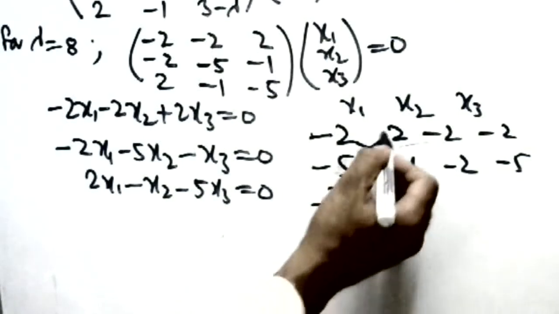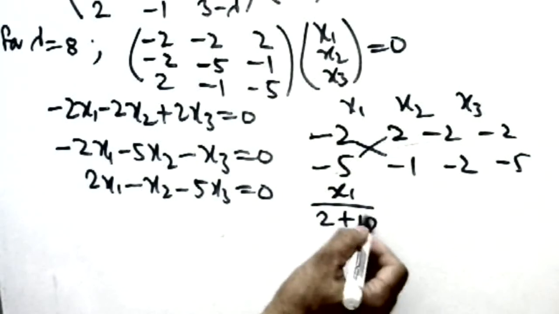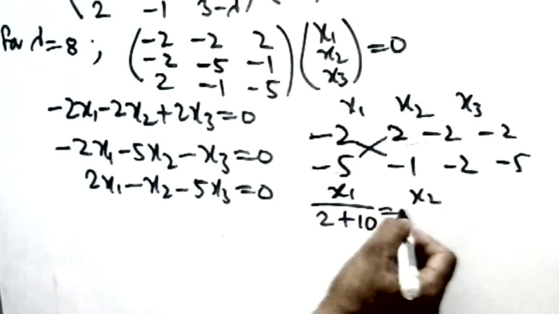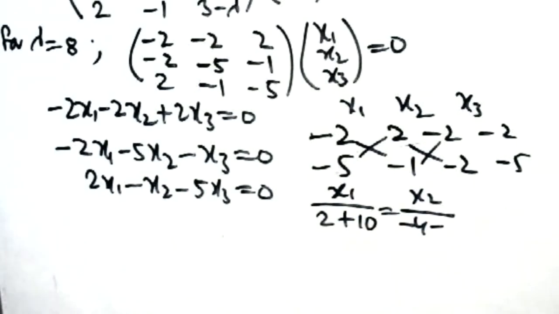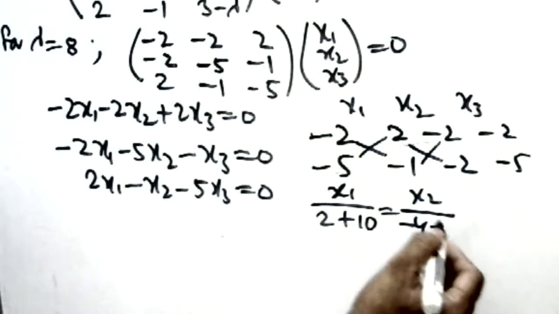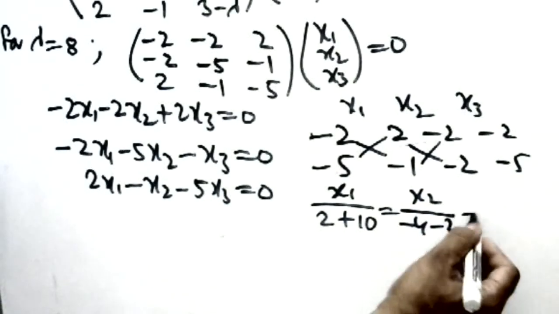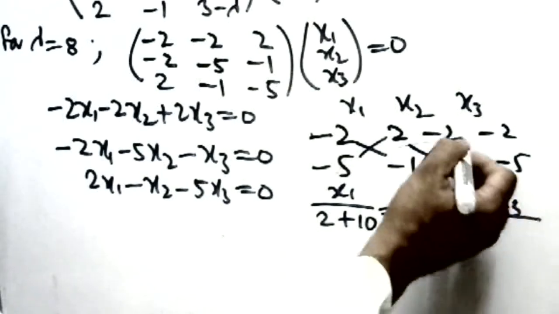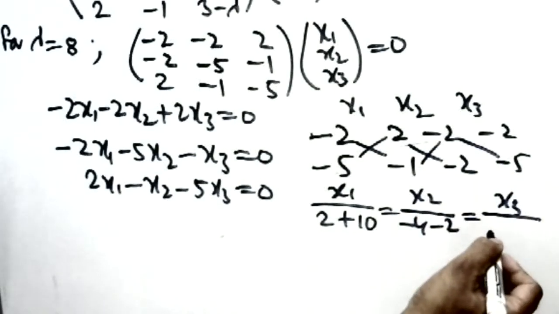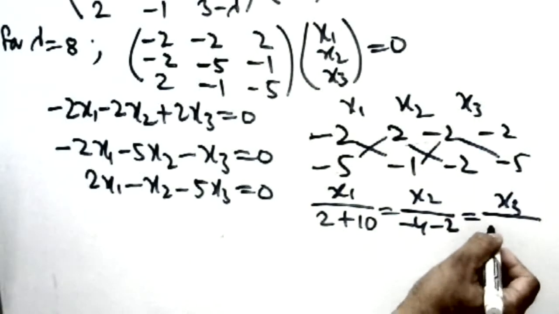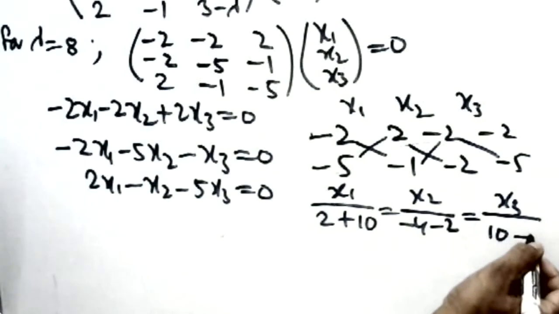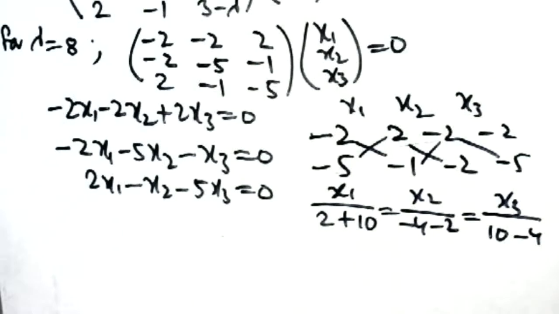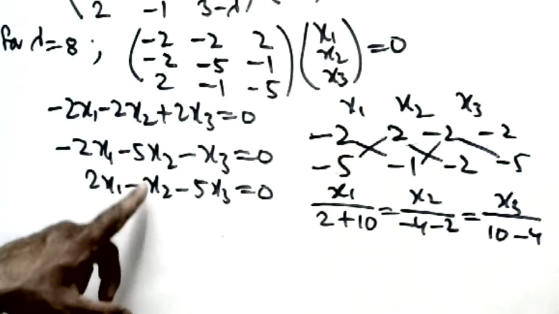x1 by minus into minus plus 2, minus minus 10, again you get minus, minus 1 is plus 10, equals x2 divided by plus into minus minus 4 minus minus into minus plus, the minus will remain, 4, 1 2 are 2. Then x3 by minus into minus plus minus into minus plus, 2 5 are 10, minus, this will become minus 2 2 are 4.